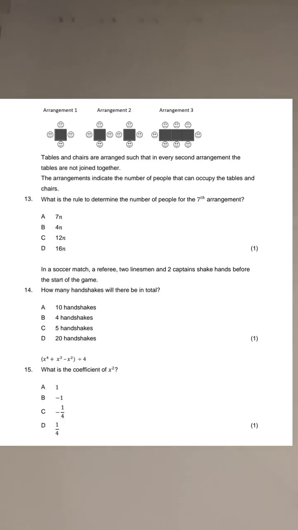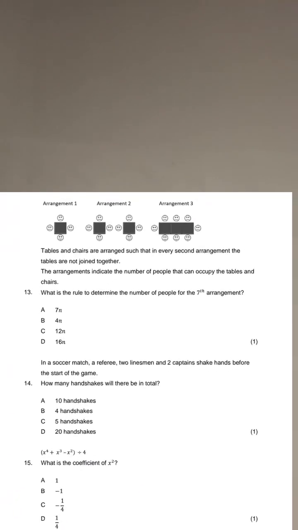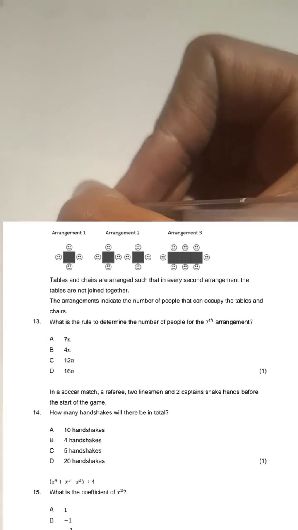C, is it 12n? Or D, is it 16n? So let us first write down the pattern that is coming from the people seated at the tables. In arrangement 1, how many people do we have? We have 4 people.